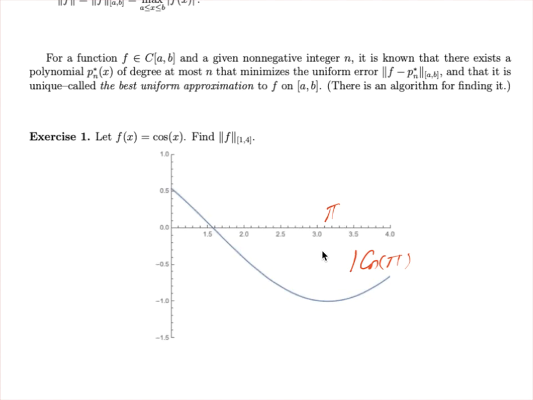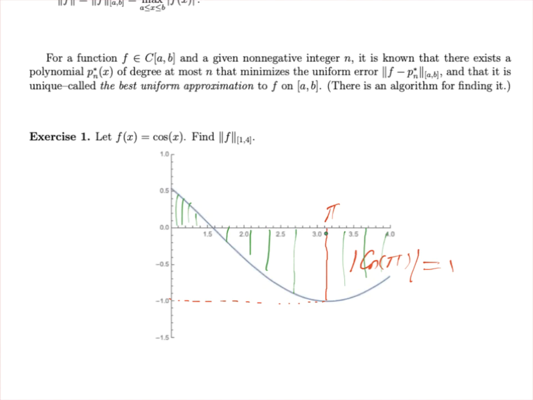It's probably here. Yep. And that's the biggest absolute value of cosine, because cosine is -1 and the absolute value of that is 1, and this is the biggest compared to any of the absolute value at any point from 1 to 4.